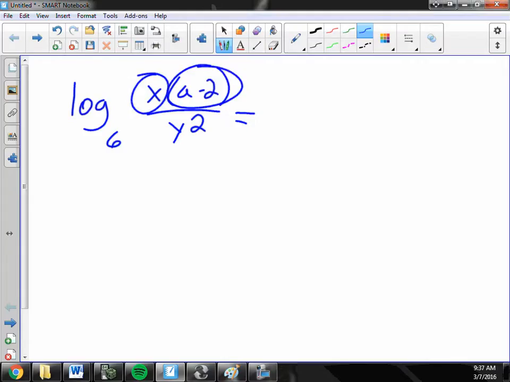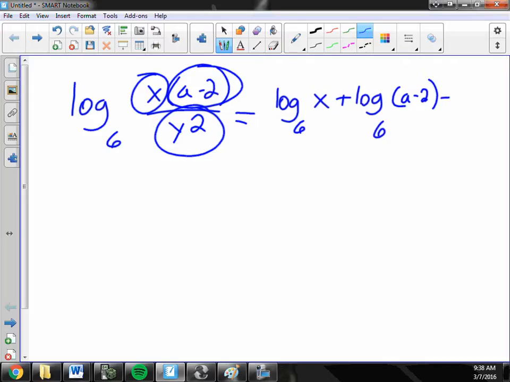This one is going to get a positive logarithm. And that one is going to get a negative logarithm. And they're all log base 6. So log base 6 of x plus log base 6 of a minus 2 minus log base 6 of y squared. And if you want, you could say minus 2 log base 6 of y.